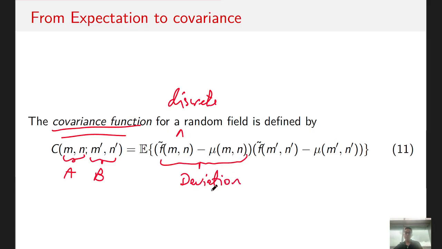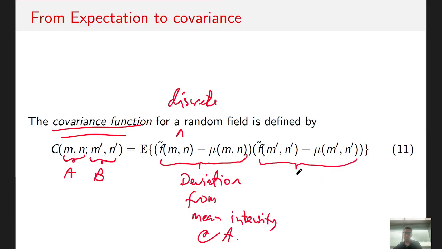So we're looking at the deviation from mean intensity at pixel location A. And this is the same thing, the deviation from mean intensity at B.